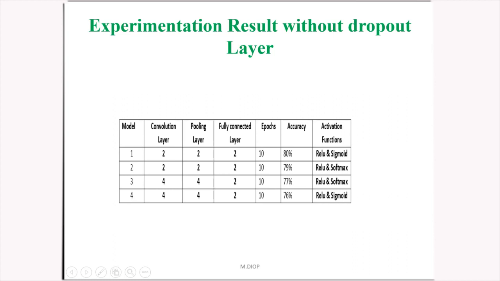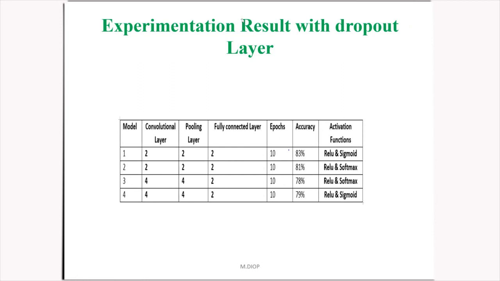In order to improve the result, we made a second experimentation, in which we add one more layer, called a dropout layer, and we have a new result. This result is here.